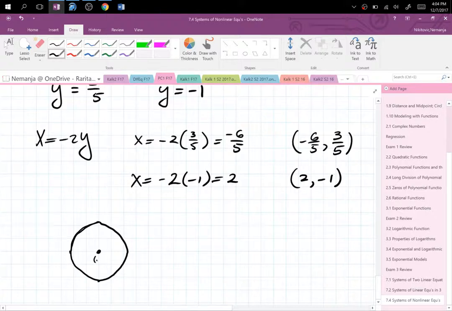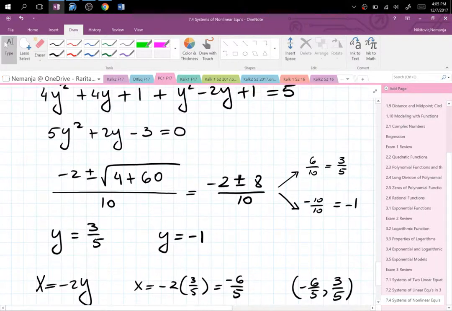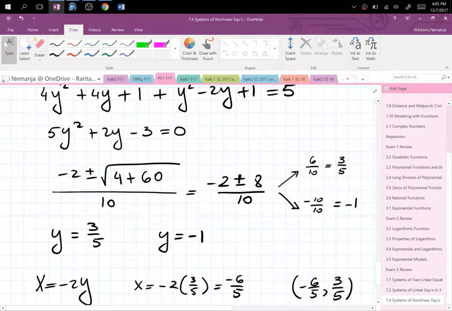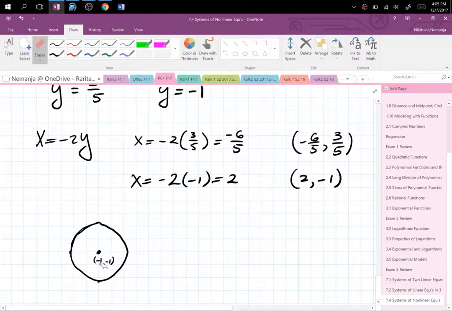So there we go. That was (1, 1). So if that's (1, 1), then your x and y axes have to be 1 unit away.